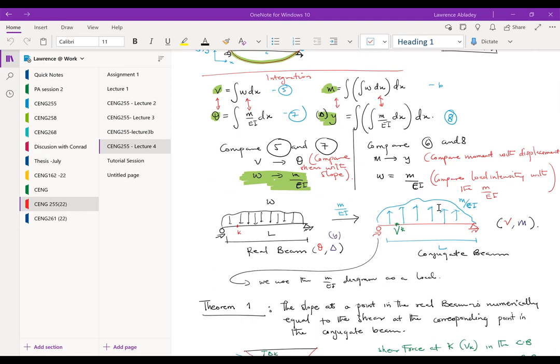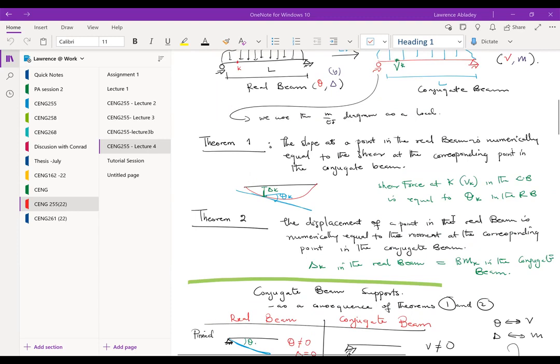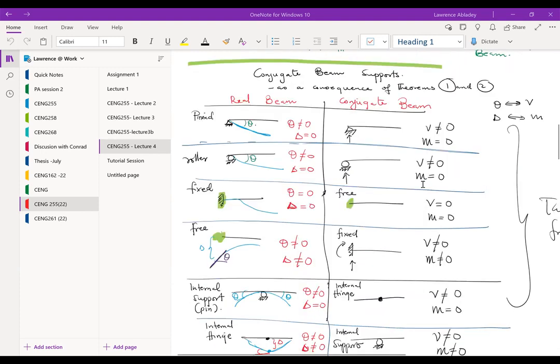Then also when we calculate the moment or the bending moment at various sections in the conjugate beam, we can also relate that information to the real beam. Okay, so we went through the process of how to convert the real beam first into a conjugate beam. So the key thing was to go through the supports, understand how the supports behave both in the real beam and also in the conjugate beam.